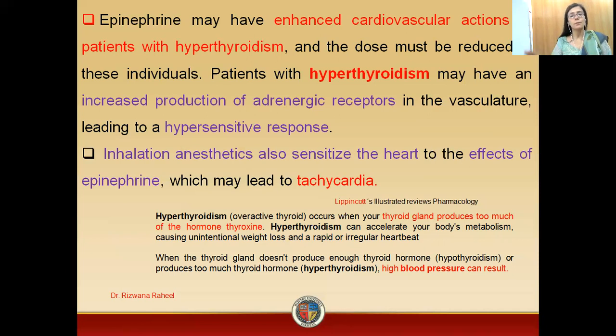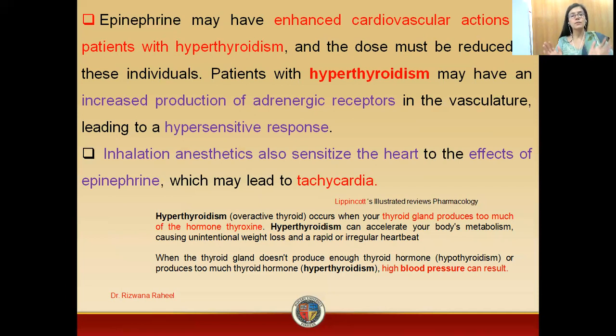If you are giving epinephrine to such patients, it will enhance the cardiovascular actions. So in this case, there will be interaction of epinephrine with digoxin, as we have studied in our previous slide. Then in patients suffering from hyperthyroidism, epinephrine has the ability to exaggerate the cardiovascular effects.